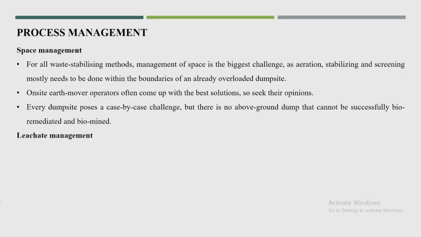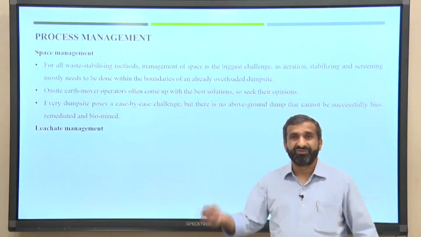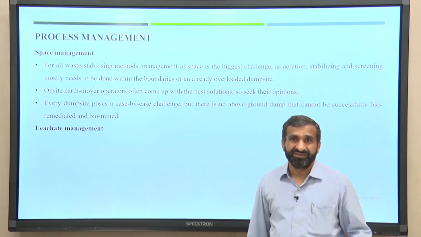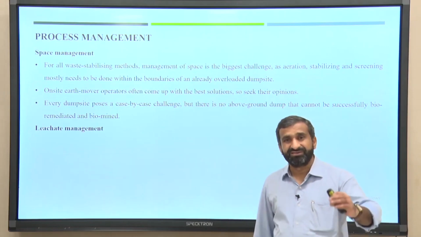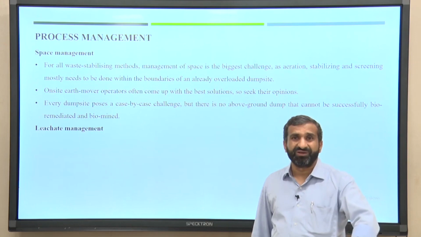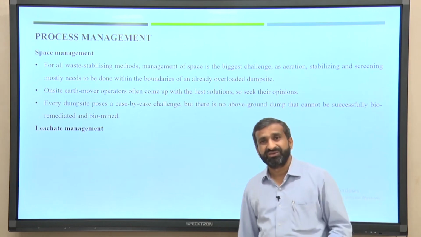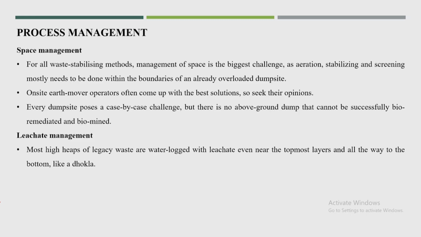Along with space, one important factor is leachate management. Now, you will ask, sir, where does this leachate come from? These are old dump sites, and in the rainy season a lot of water is available in the dump site, not only at the bottom but in the top area also. You can see that most high heaps of legacy waste are waterlogged with leachate even near the topmost layer and all the way to the bottom.